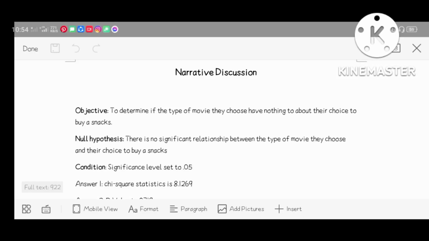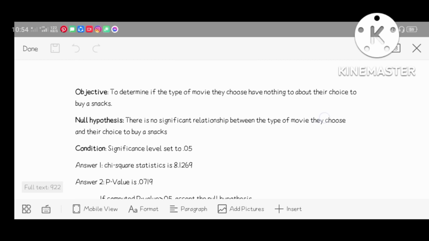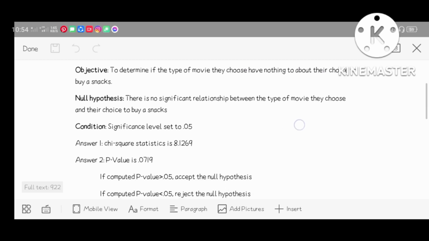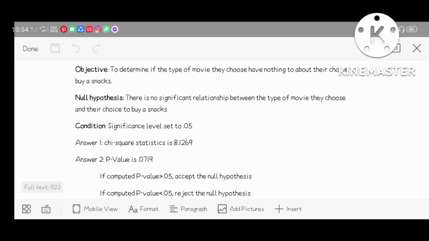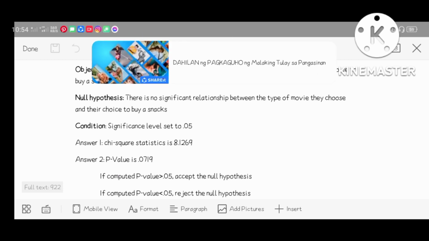To sum up the results, I have here the narrative discussion. The objective is to determine if the type of movie they choose has anything to do with their choice to buy snacks. The null hypothesis: there is no significant relationship between the type of movie they choose and their choice to buy a snack.